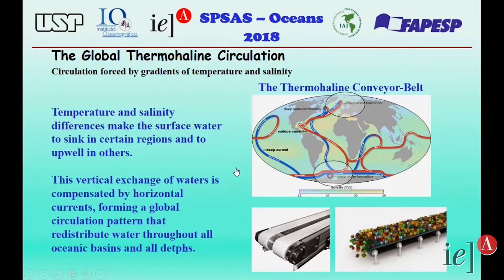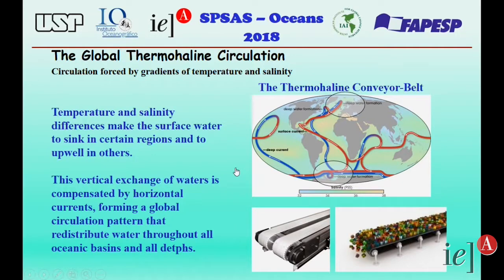To shorten things, water that sinks in the North Atlantic goes south. You see this blue line. The blue line means water that is sinking in the Norwegian Sea goes to the south, joins the circumpolar current, and then part of it enters the Indian Ocean near the bottom, and then gradually it goes back to the surface.